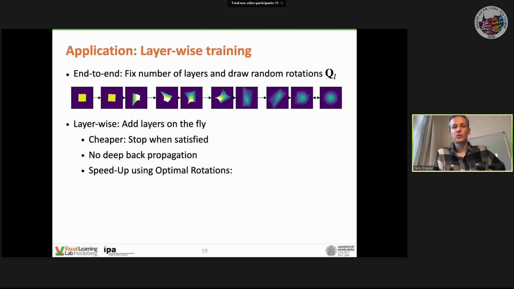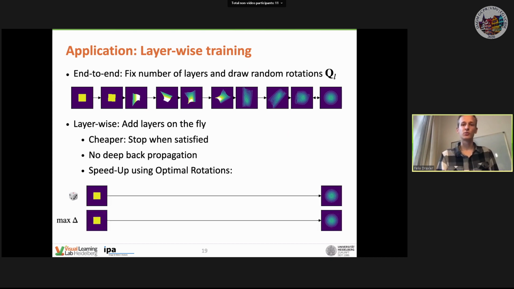Layer-wise training means that we add layers on the fly and only train the last layer that we add. So we kind of work our way from the residual to the residual, right? And this is cheaper, or can be cheaper, because we can simply stop when we're satisfied. So we got rid of this hyperparameter of the number of layers, and we don't need deep backpropagation, which can be unstable. And using these optimal rotations, we can actually speed this process up.